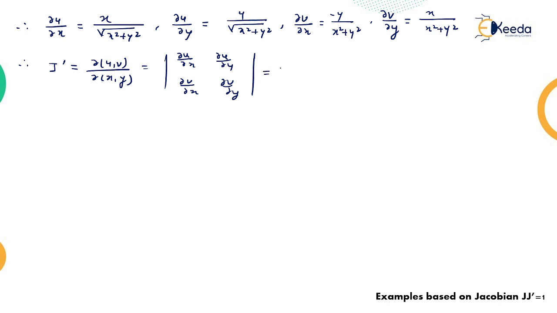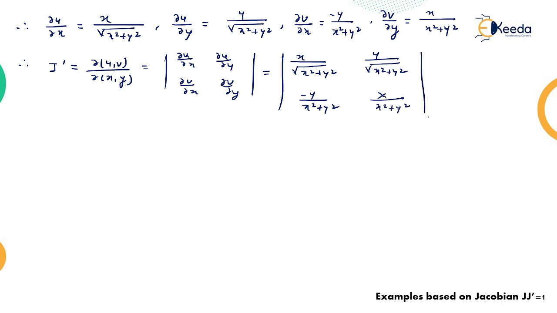First row: x upon √(x² + y²), y upon √(x² + y²). Second row: minus y upon x² + y², and x upon x² + y². So this is a determinant, and you just have to solve it.